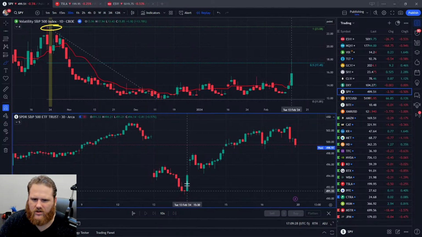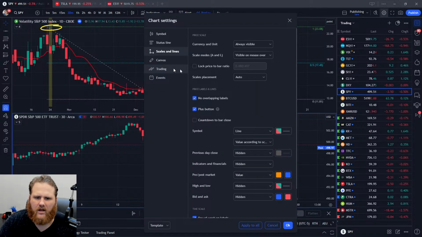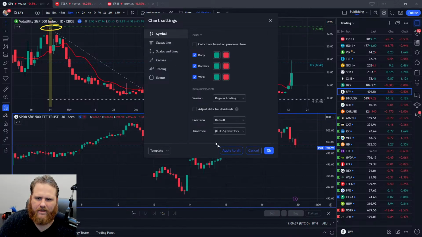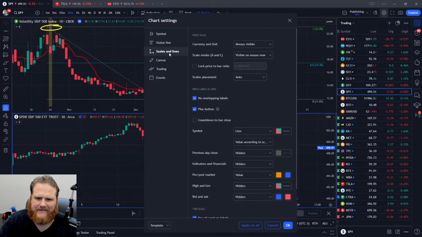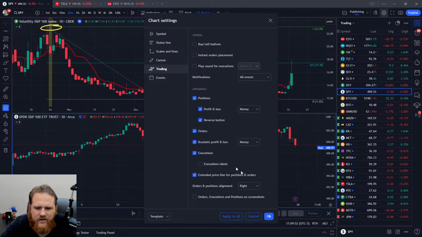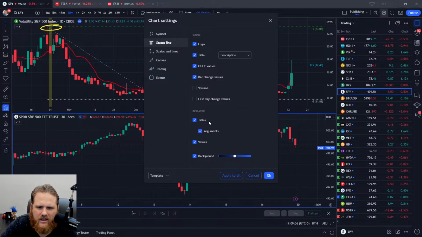I just want the chart. I don't like how it always adds that price line. They keep moving this thing around.